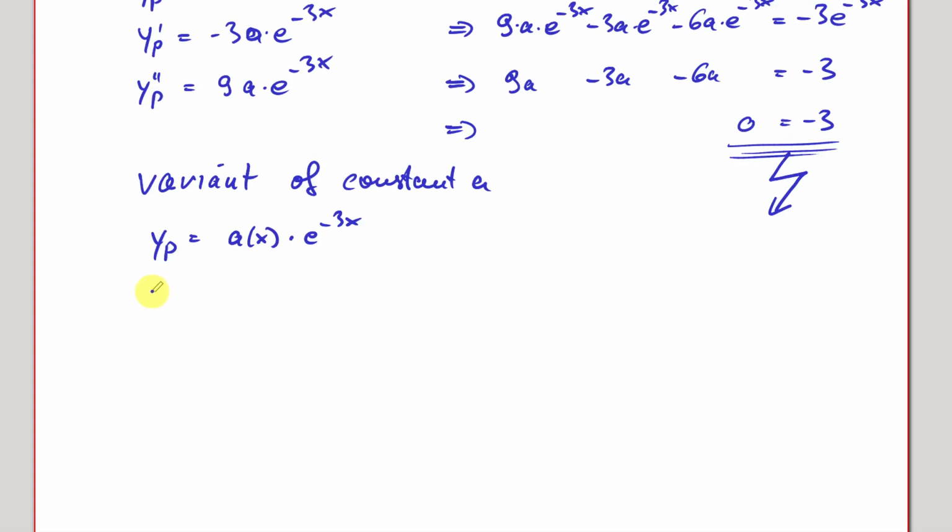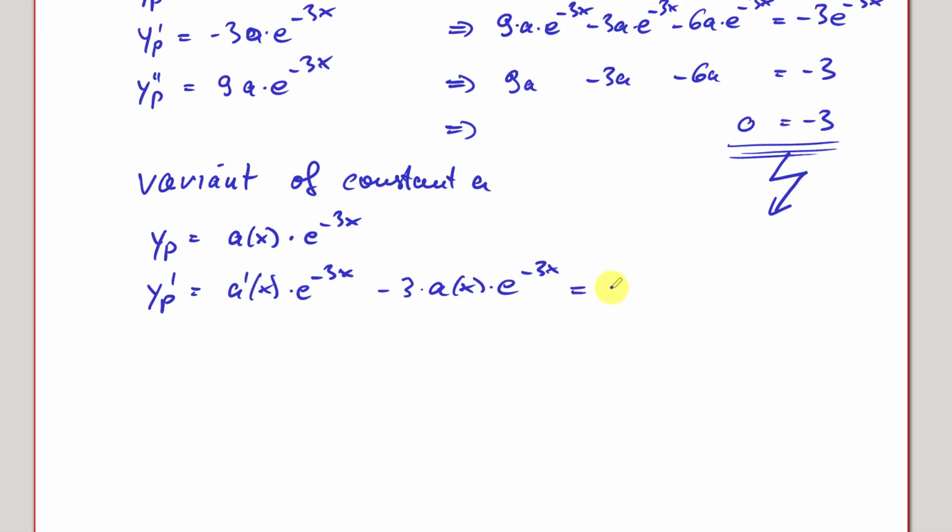That's nice, but the drawback of this approach is that the first derivative and the second derivative now become more complicated, because now we have to apply the product rule when we compute the first derivative. So if we compute y prime, it's just the product rule: a prime times e to the power of minus 3x minus 3 times a of x times e to the power of minus 3x.